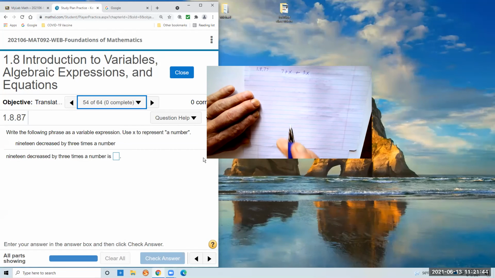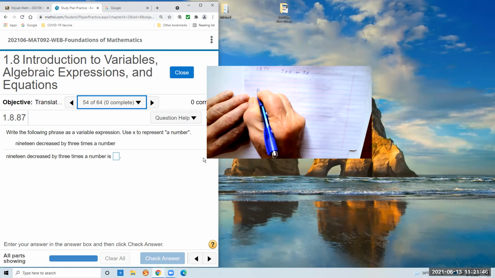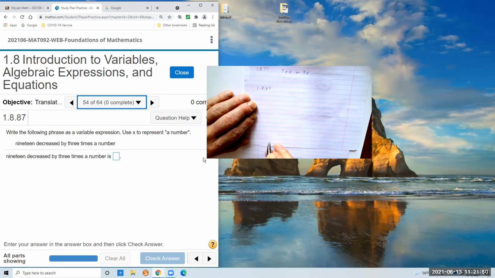And finally, another translation, this one being 1.8.87. By the way, the problems I'm focusing on are where the class had the most challenge or the most difficulty. These are problems that most people got wrong, and that's why I'm going over these. So this one says 19 is to be decreased.